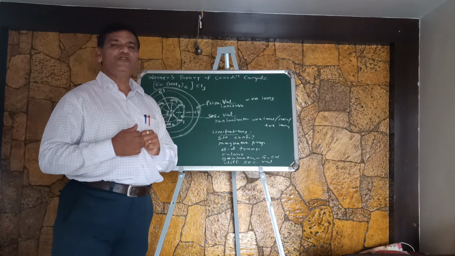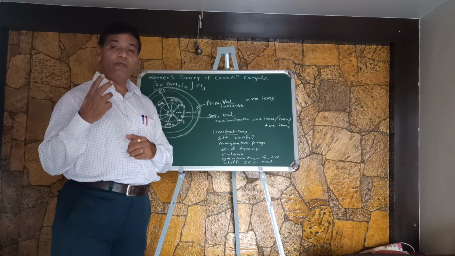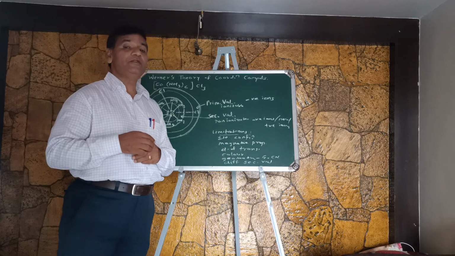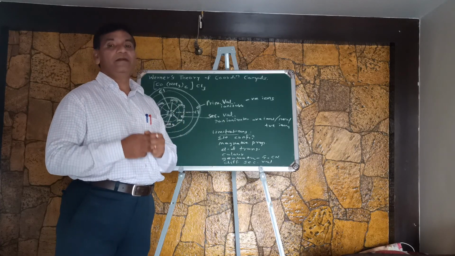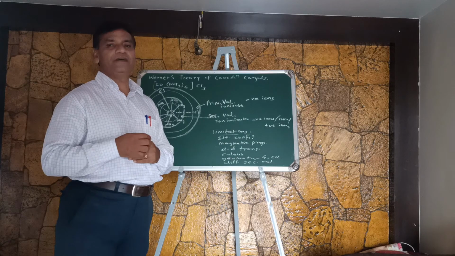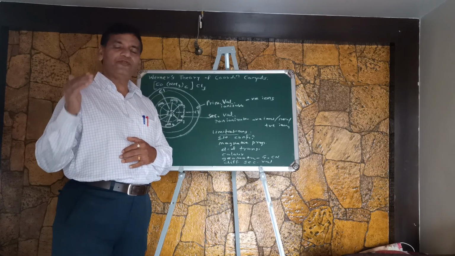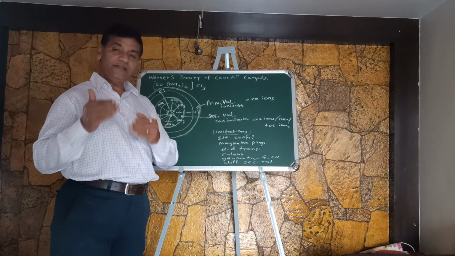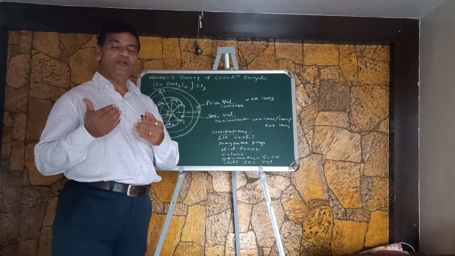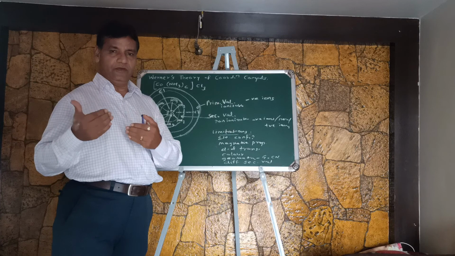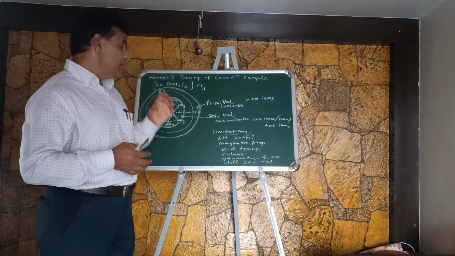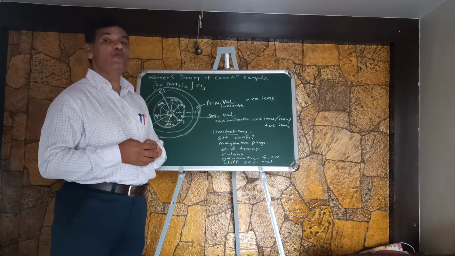Again, whenever there is formation of complex compounds, most of these complex compounds are colored. They have very nice colors. These coordinate complex compounds are colored compounds. Why this color is formed is not explained by Werner.